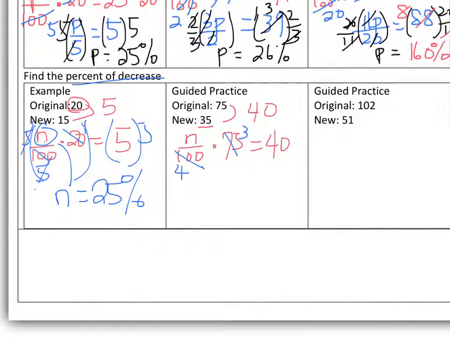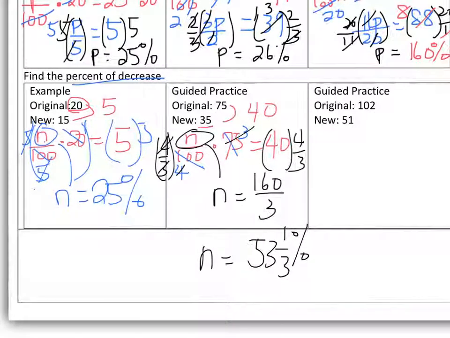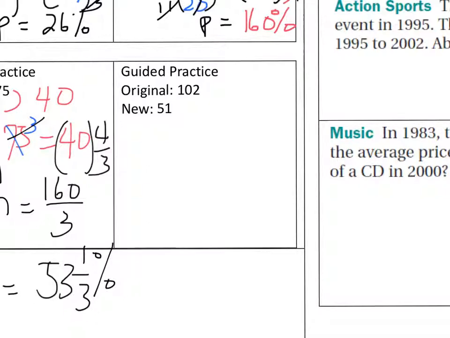And then we can multiply both sides by the reciprocal of 3 over 4, which is 4 over 3. Cancel out the 4 on the left-hand side. Take down the n, and we get 160 over 3. And can rewrite that as 53 1/3%.